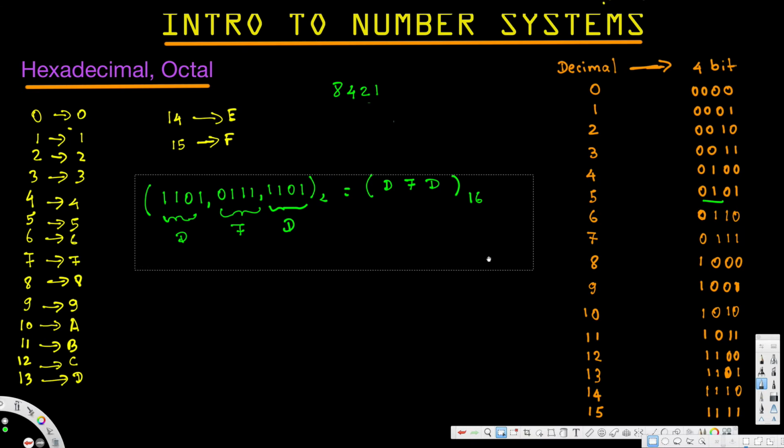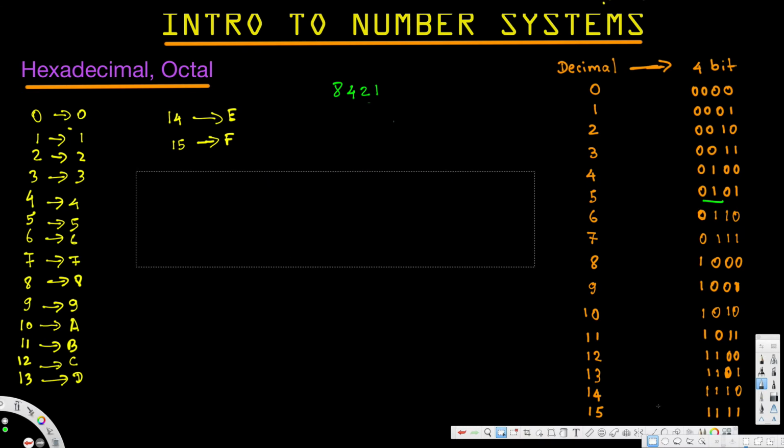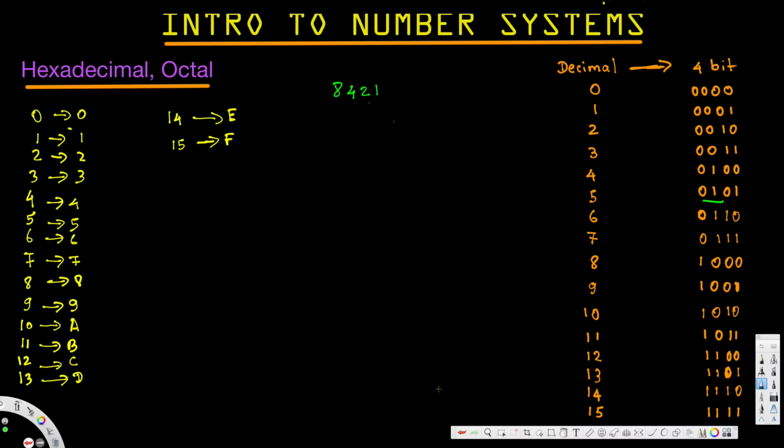Let's say we have a decimal point number, something like this: 101.11001, and the base is 2. So let's see how we can convert this one into octal. So when we talk about octal, we know that this 8 will go away. We only have 3 numbers.